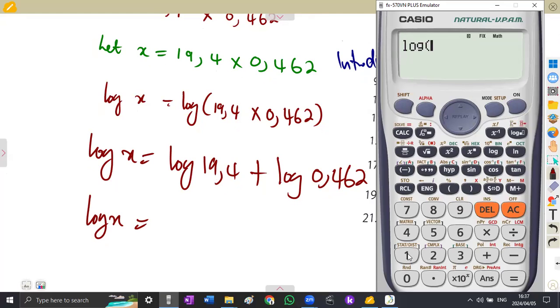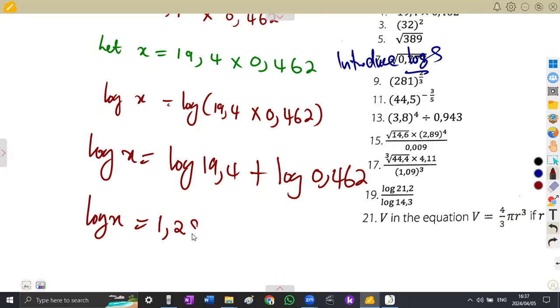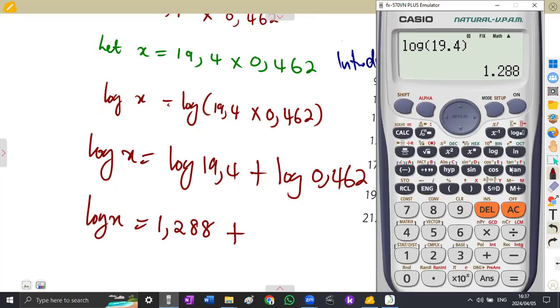So this is log 19,4 like this, and this is going to give you 1,288. So we've got 1,288 plus the logarithm of 0,462. Log 0,462 like this. So this is going to give us negative 0,335.